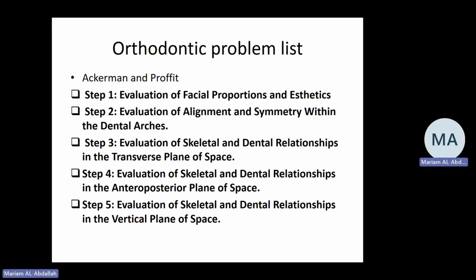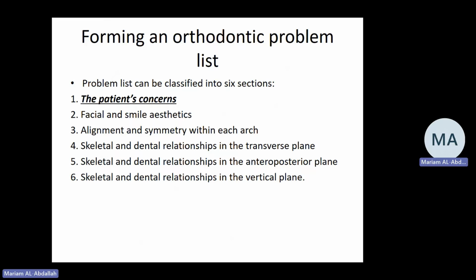Okay, in the 3 dimensions. Now, the problem list that is used in chapter 7 that I gave you as a reference actually modified Ackerman and Proffit and added the patient's concerns as the first item. So we have 6 items here. The first thing is the patient's concerns, and then facial and smile aesthetics, and then alignment and symmetry, and then the 3 dimensions related to skeletal and dental relationship.